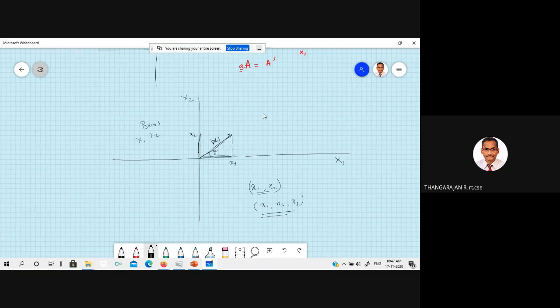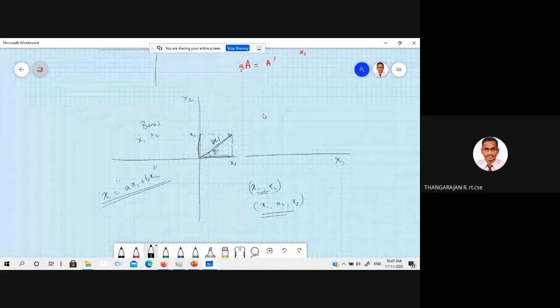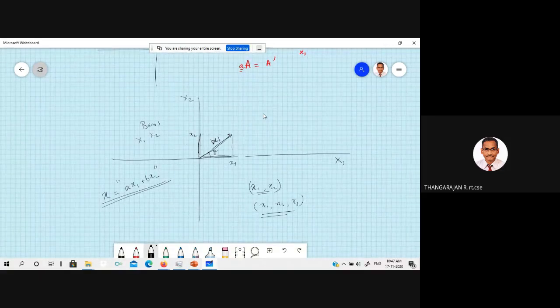Our vector x is a linear combination of the two components: a into x1 plus b into x2. This is how you visualize the vector. So far we have been visualizing a vector with an arrow, but now you can visualize a vector in a coordinate space like this.